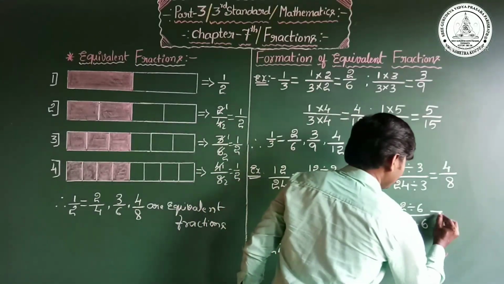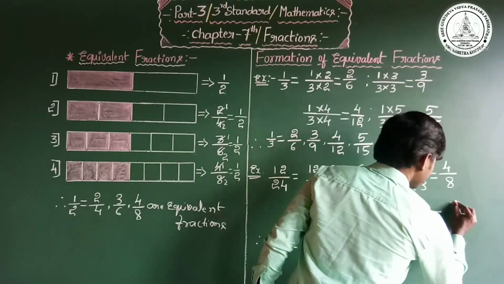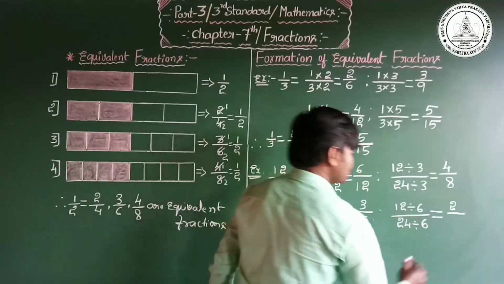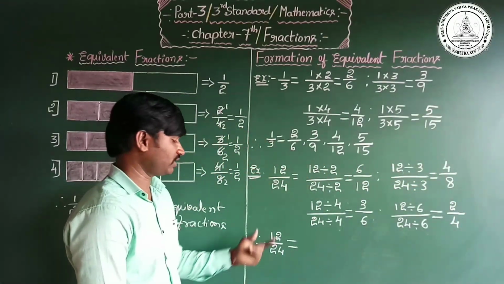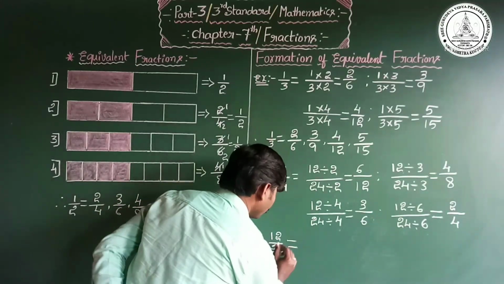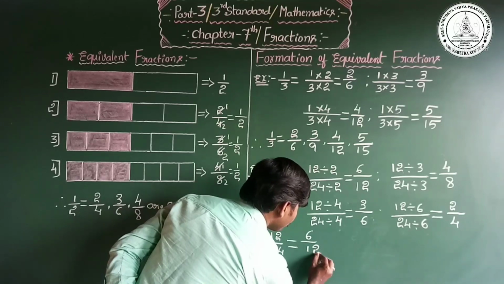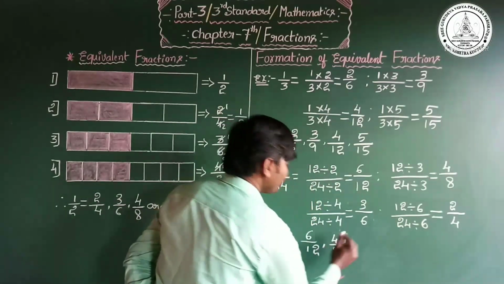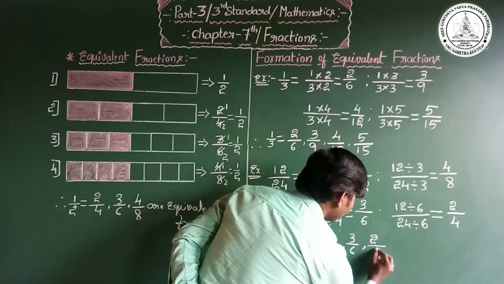The next, divide by 6: 6 twos are 12, and 6 fours are 24. Dear student, these are the equivalent fractions of 12 by 24: 6 by 12, 4 by 8, 3 by 6, 2 by 4.